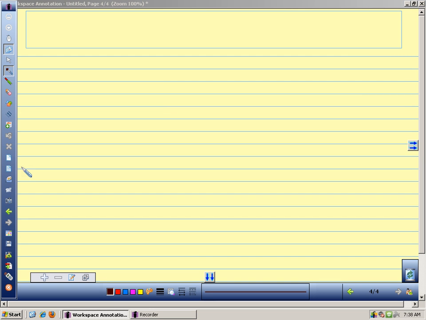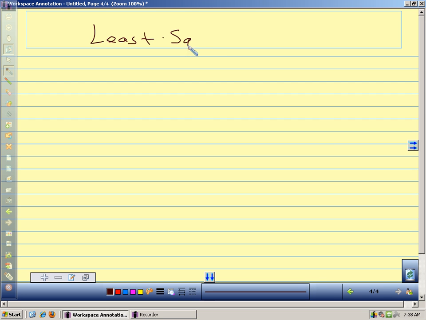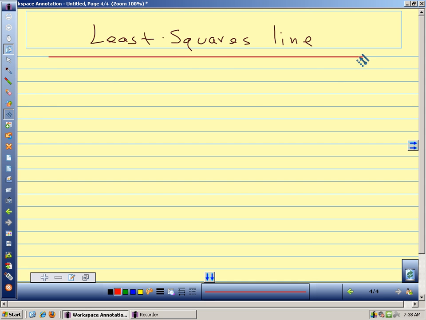My tangent has to do with the least squares line. So we've all worked with, in your calculator, you can put in a set of data and calculate the linear regression very easily. Your TI-84 can do that.